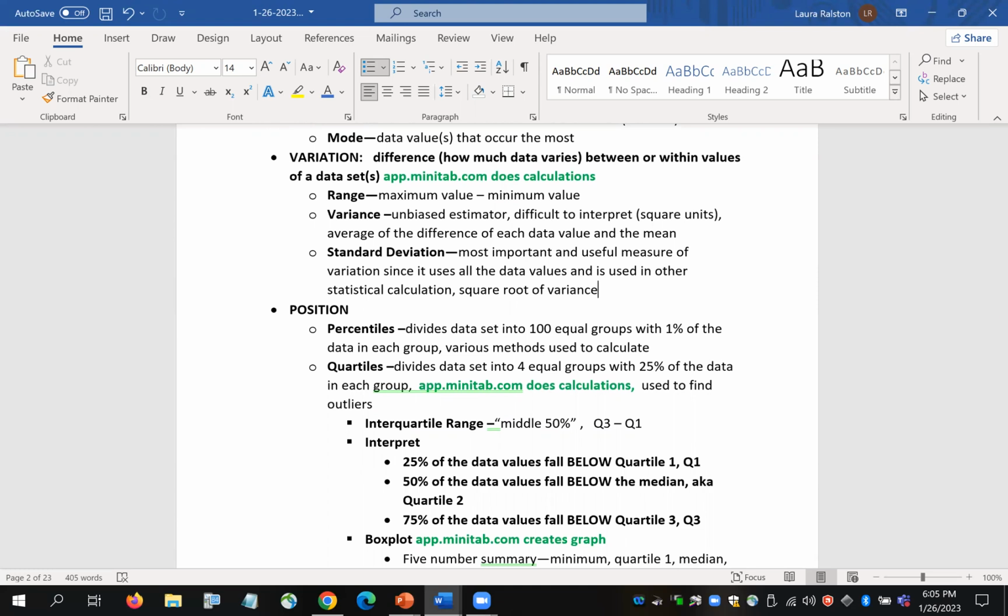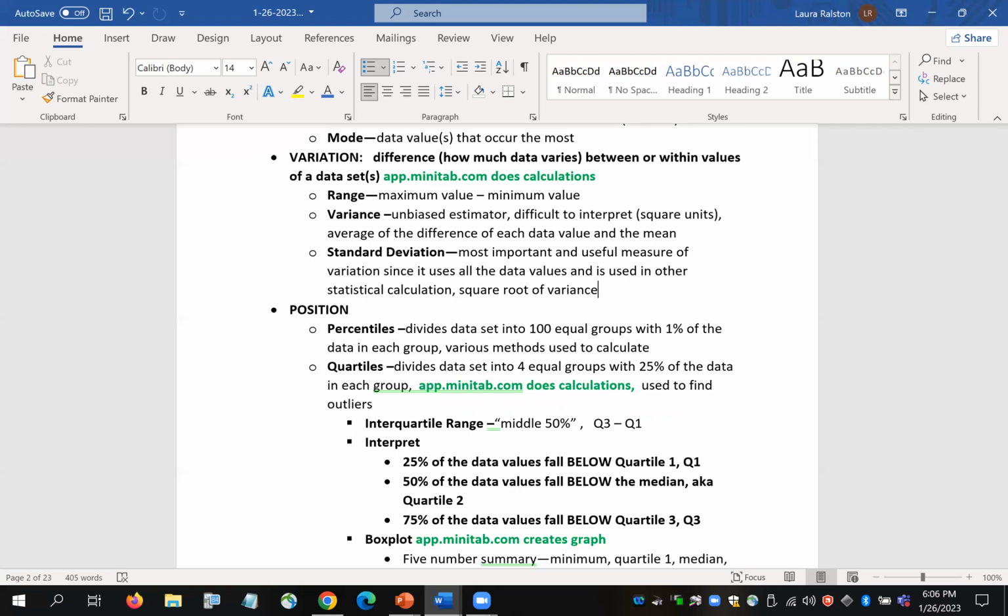Position is not really one of your important characteristics, but it leads us to the distribution and the outliers. So measures of position, which we also talked about last week, are percentiles, which divide the data into 100 equal-sized groups, and each group contains 1% of the data.